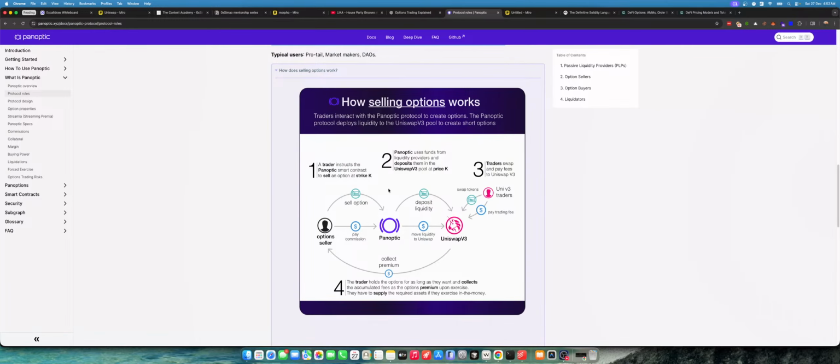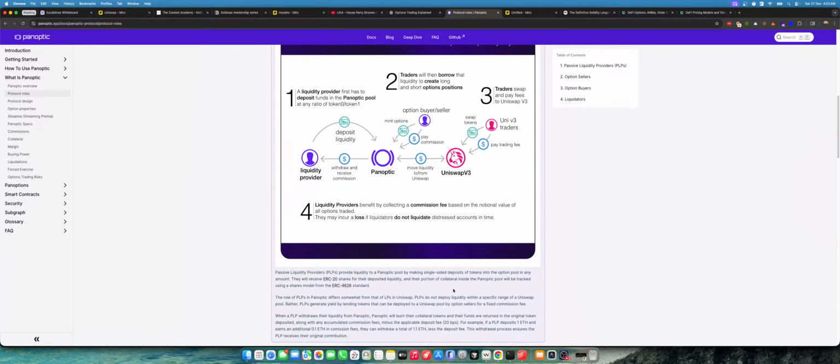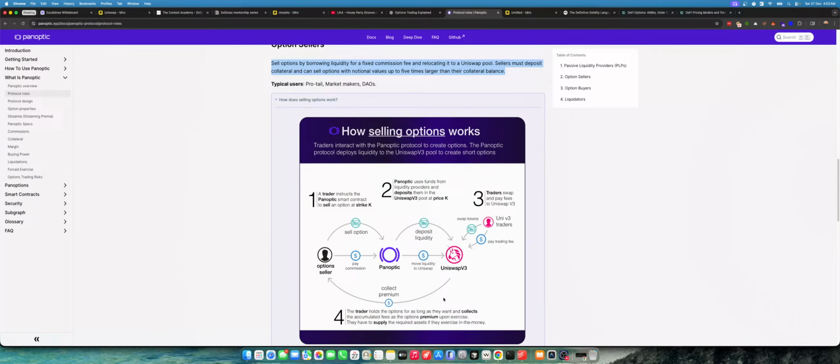The trader instructs to sell an option at a strike. The strike price is something that they want to define. The commission uses funds from the liquidity pool and deposits. This is on the option seller, right? The option buyer is like buying a position, and the seller is selling the position.